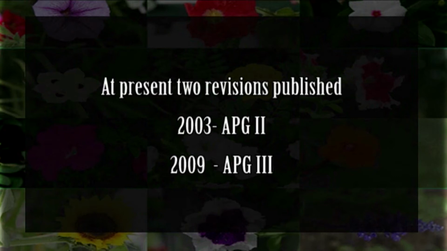Each of these different versions supersedes the previous version. As already mentioned, it was a group of taxonomists, not one or two taxonomists, but a consortium of taxonomists who proposed this Angiosperm phylogeny group classification.